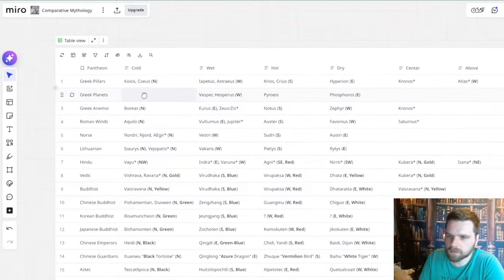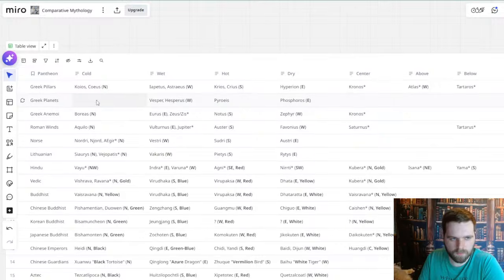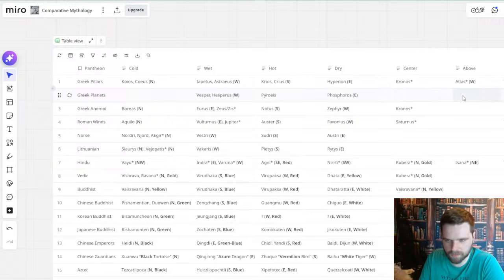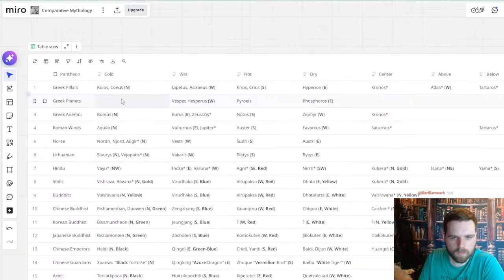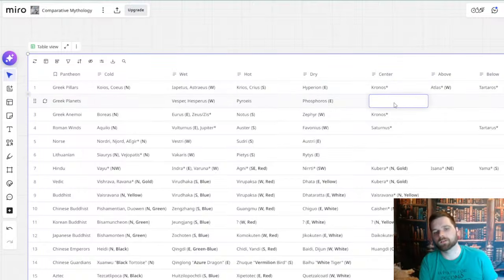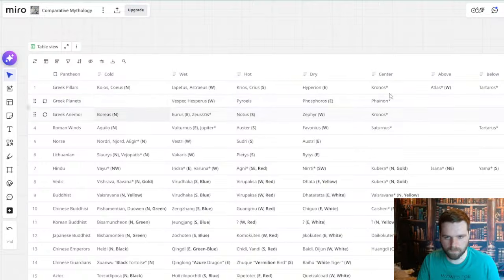Planets. Okay, so we're going to have more, obviously, if we're looking for 5, and I'm not even going to start with the Sun and Moon, because they don't really necessarily fit into this framework. But the other 5 planets I can still work with. Yeah, Phaenon I think is Saturn, so I would theoretically put that here, asterisks, because Kronos is here.